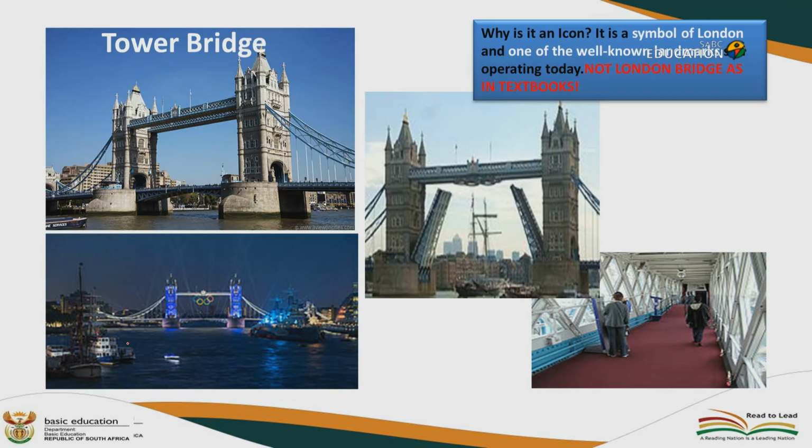In most adverts, you will see that at times it opens for the ferries to pass by, and then it closes again to make a bridge. This is the nicest thing about the Tower Bridge, which makes it identified as an icon. When it closes, people are passing by.